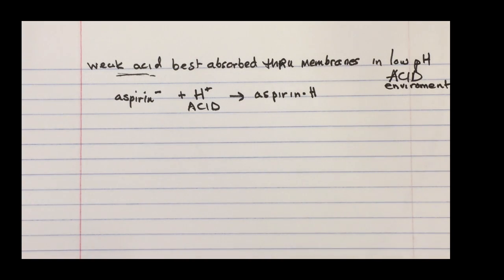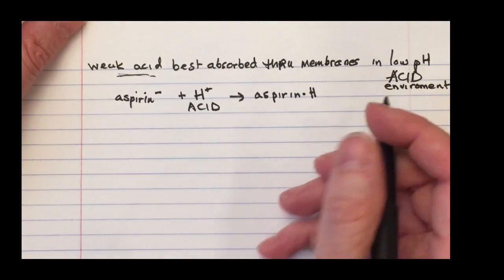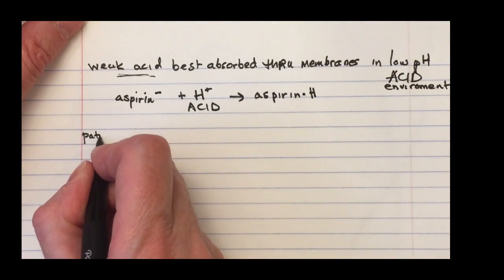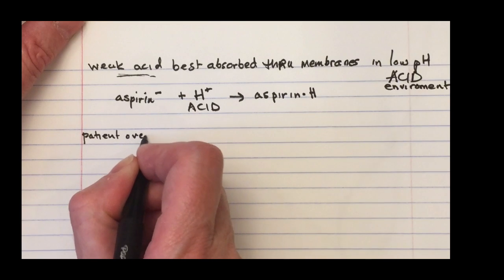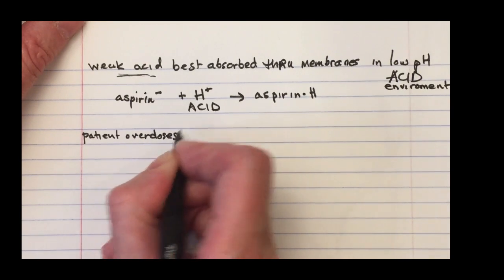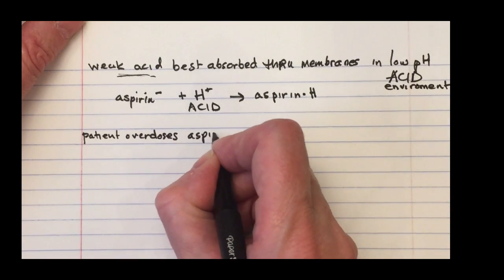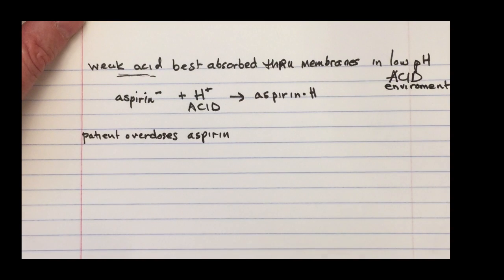So a molecule that is water soluble will leave the body in the urine if it's got charge on it, right? So what you can do if a patient overdoses on a weak acid, like aspirin, is actually increase the pH of the blood.